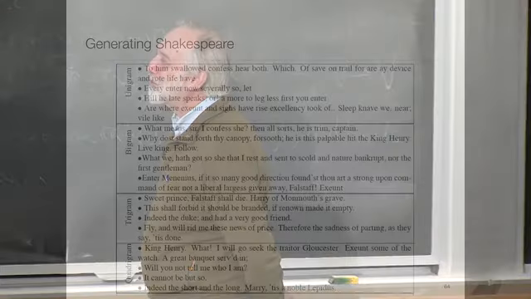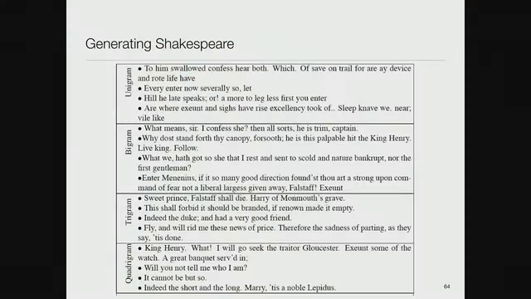Now, if you go to bigrams, it starts to sound a little better. What means, sir, I confess she? Then all sorts, he is trim, captain. Right? It doesn't make any sense, but it starts to sound a little better. And with trigrams, we get sweet prince, Falstaff shall die, Harry of Monmouth's grave, etc. Okay, so this is beginning to sound a little Shakespearean.